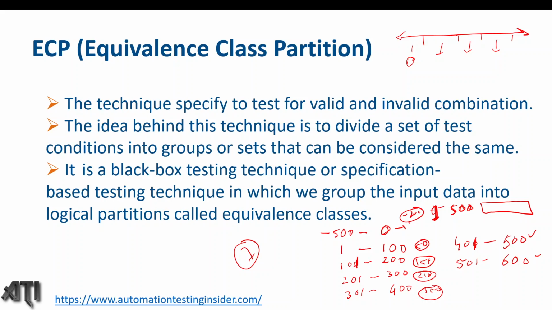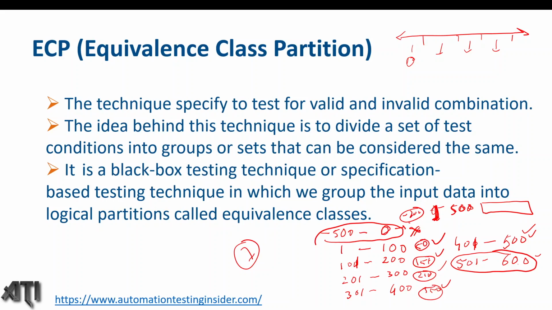Now let's see what the positive test cases are and what the negative ones are here. Minus 500 to 0 should not be accepted, right? Because the range is from 1 to 500. So this is an invalid value for this particular testing. 1 to 100 it should accept, 101 to 200, 201 to 300, this is also good test data. 301 to 400, 401 to 500 are also valid, and 501 to 600 is again a negative scenario.